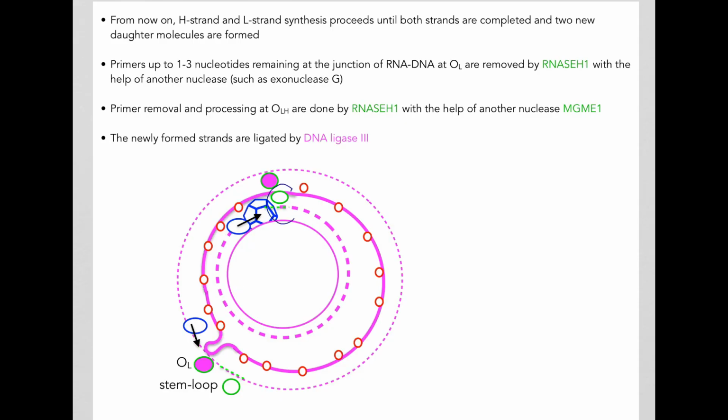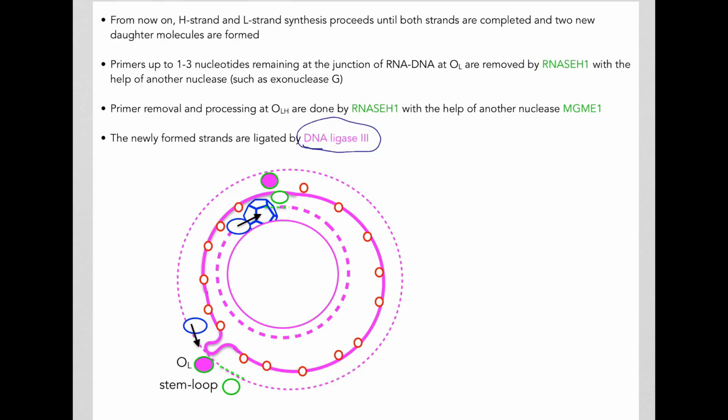The primer here at the OH region is removed by nucleases such as RNase H1 as well as exonuclease G, while the primer at the OL region is removed by RNase H1 with the help of another nuclease called MGME1. And then finally, once the primers are removed, the two strands are joined together or ligated by the enzyme DNA ligase 3.